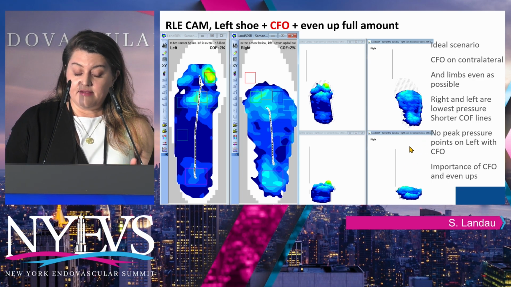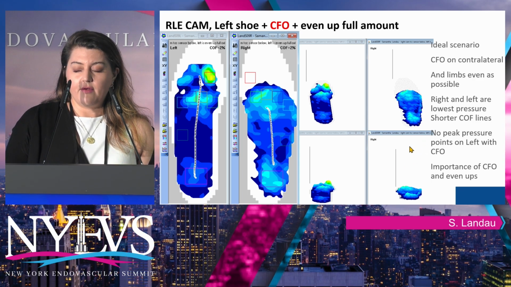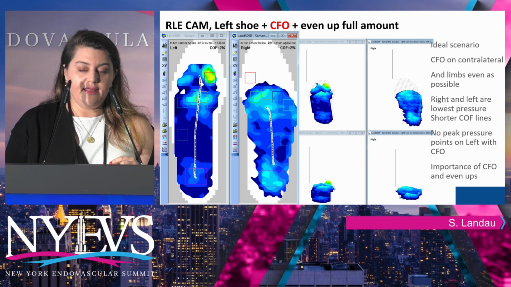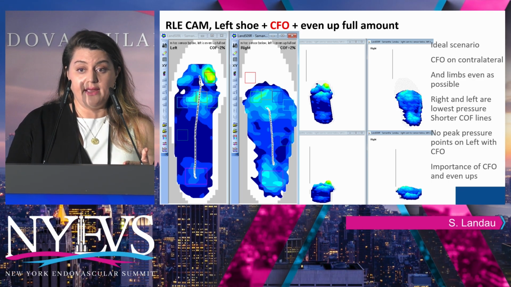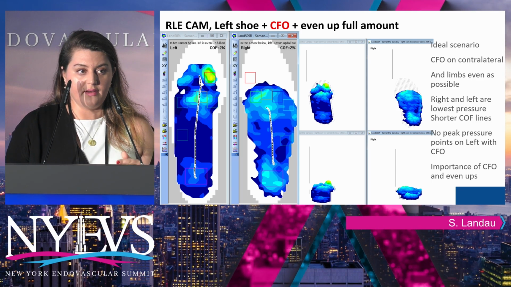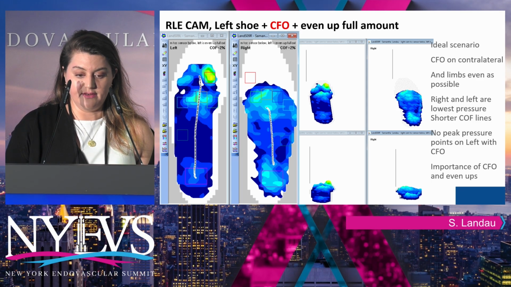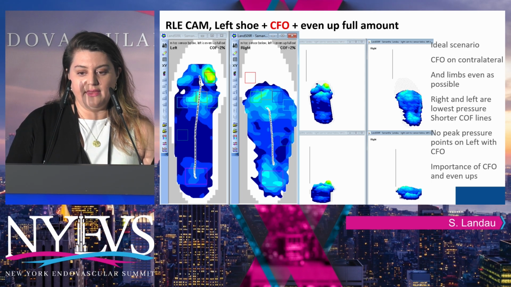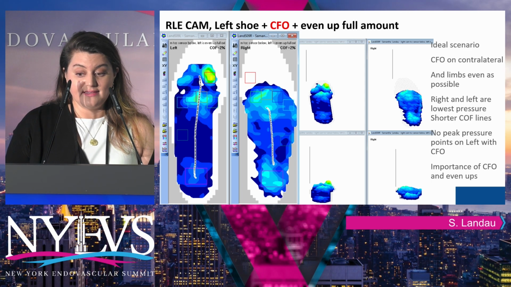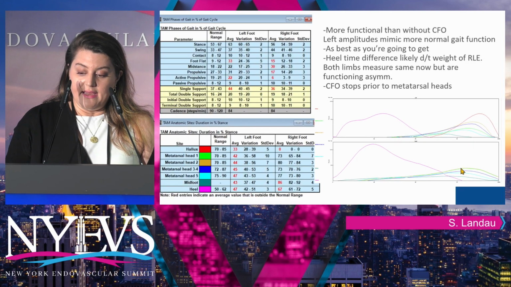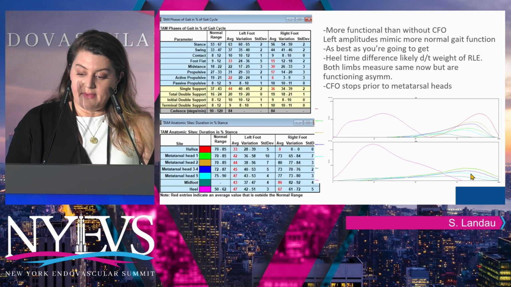So I was able to get myself almost even, but I can't control for the weight. The cam boot weighs a significant amount, so that's why it'll never be one-to-one in making right and left limbs even using a cam boot, unless you add more weight to the unaffected side. It's just pretty difficult. So it really did decrease all my forefoot pressure.